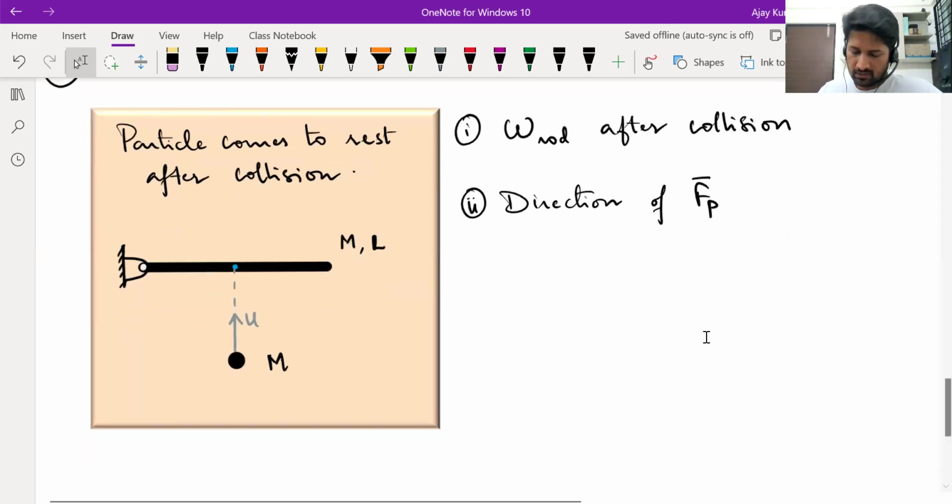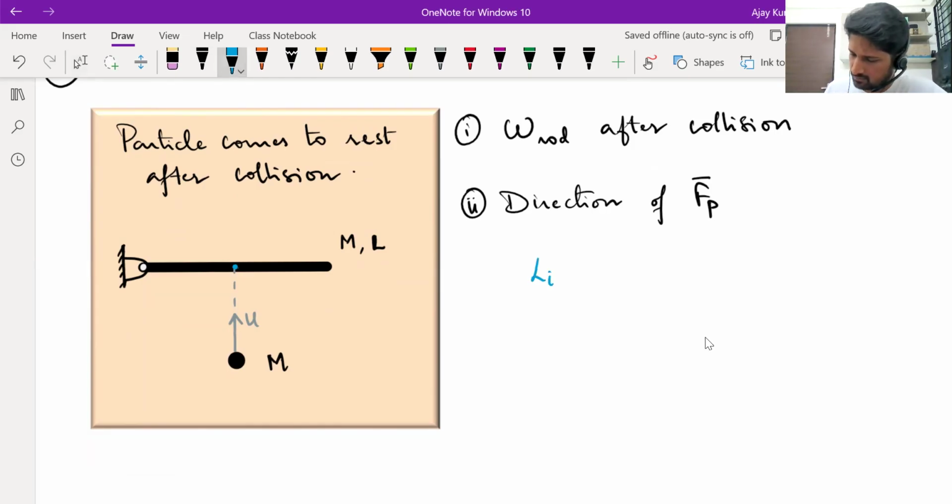Rishi, can you tell me how you applied angular momentum conservation? So L initial is equal to L final. And what is the expression for L initial?